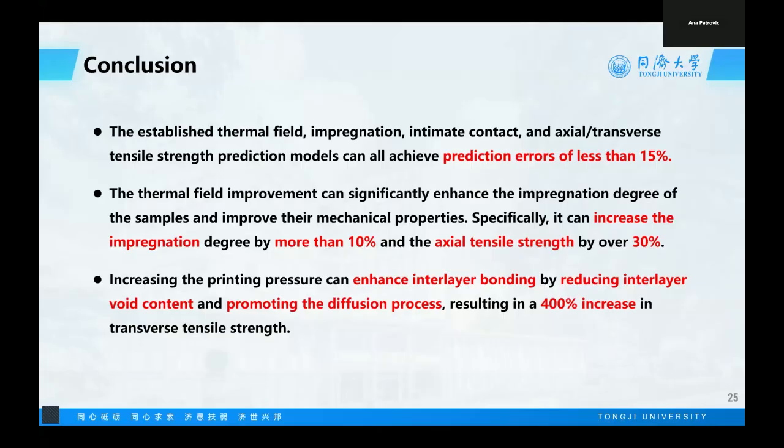And the thermal field improvement can significantly enhance the impregnation degree of the 3D printed CFRCs and improve their mechanical properties. Specifically, it can increase the impregnation degree by more than 10% and the axial tensile strength by over 30%. Increasing the printing pressure can enhance interlayer bonding by reducing the interlayer void content and promoting the diffusion process, resulting in a 400% increase in the transverse tensile strength.